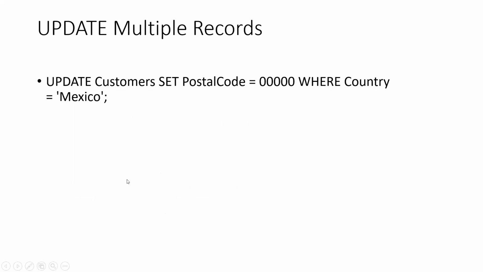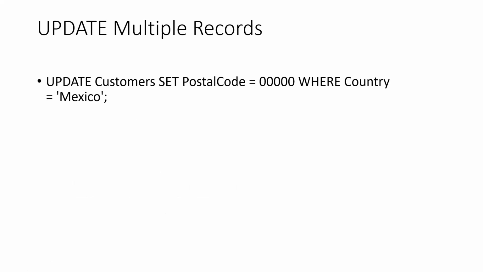Now, update multiple records. Here the syntax is: update table name set postal code equal to, where postal code is the column name, then zeros are the values, then where country equal to Mexico.